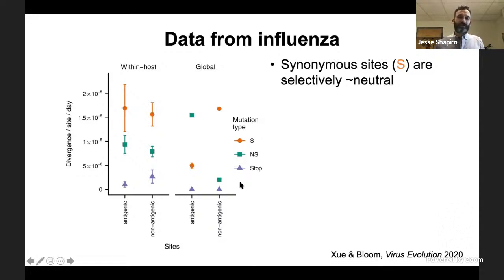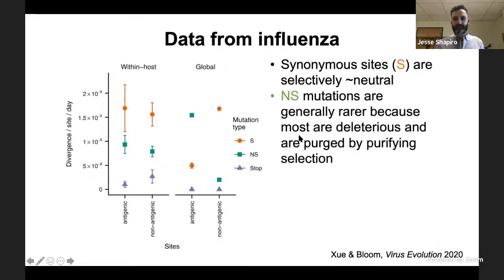So in this analysis, synonymous sites, in orange, are selectively relatively neutral, so they tend to evolve at the highest rates. They're unconstrained by evolution; they just accept mutations. But non-synonymous mutations are generally rare because most of them are deleterious. They break something in the protein and they're removed by purifying or negative selection, so they tend to be more rare.